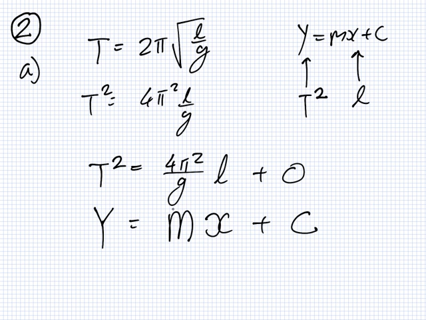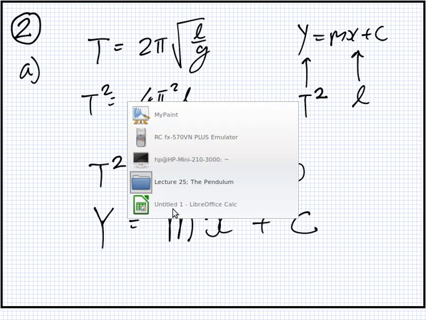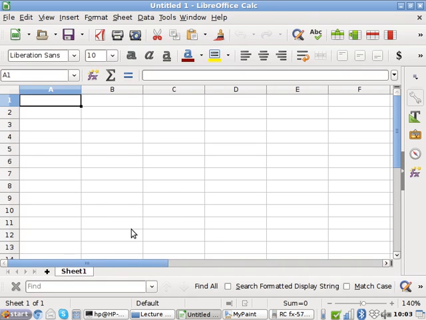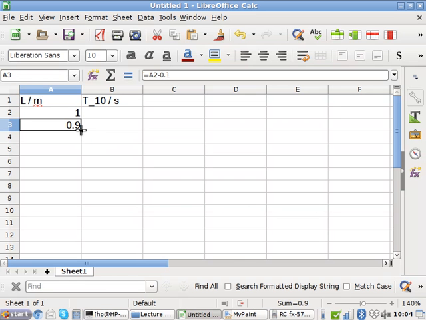Part B, extend your table in a suitable manner. Okay, so let me just copy the table here. We have length, which is in meters, and then we have the time for 10 oscillations in seconds. What are my lengths? 1, and then it decreases by 0.1 all the way down to 0.1.